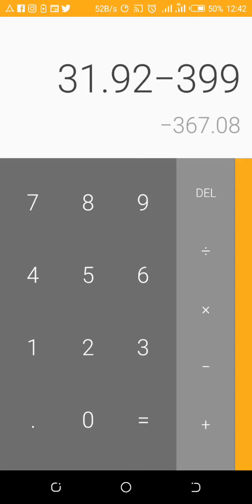So we actually have 367 approximately. So we are going to use 367 as our stop loss.